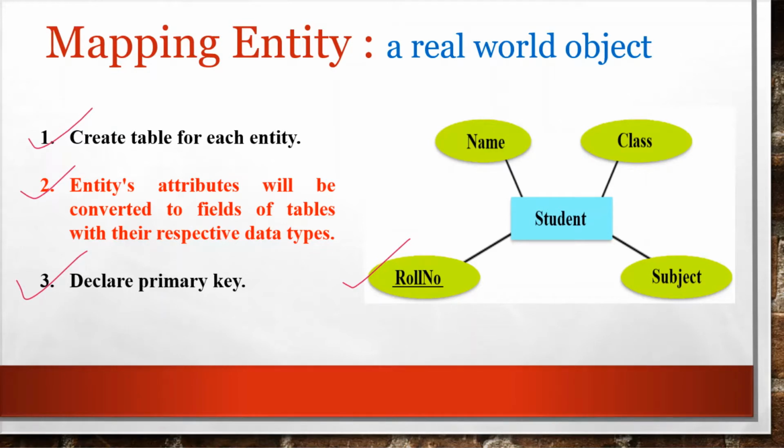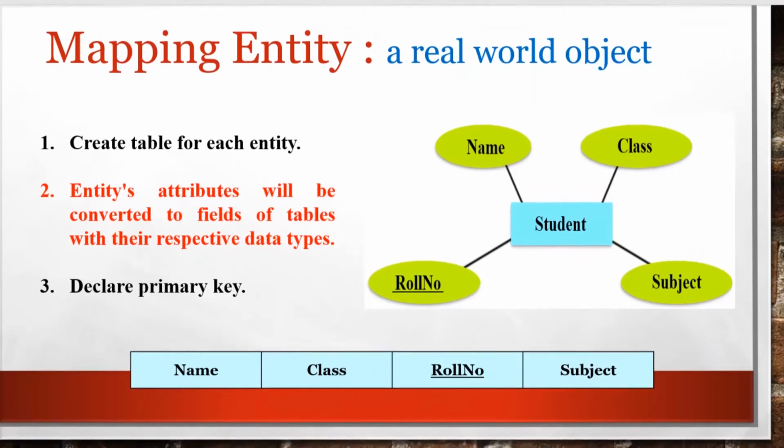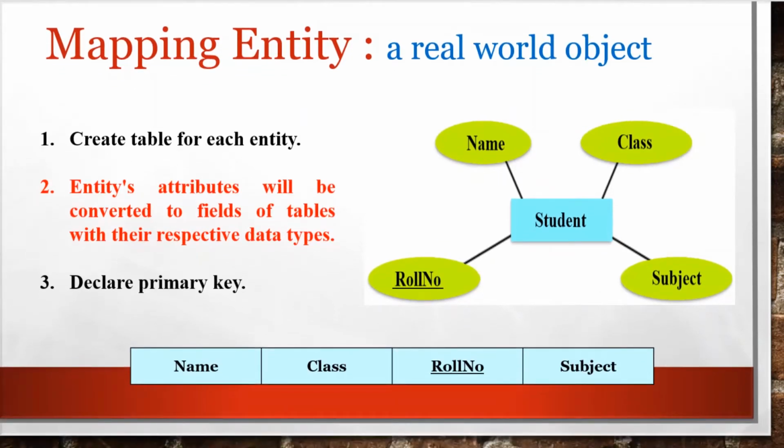Next, for example, the table corresponding to this entity. Here student is a strong entity set because we have a primary key attribute in this entity. For a strong entity we just convert every attribute to the equivalent field of the table.